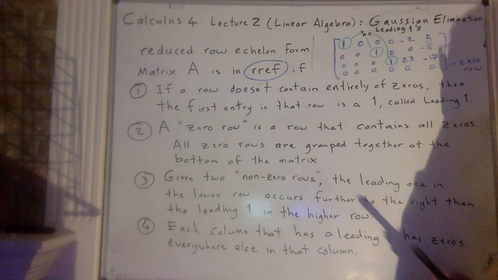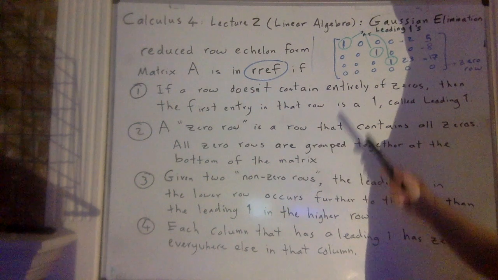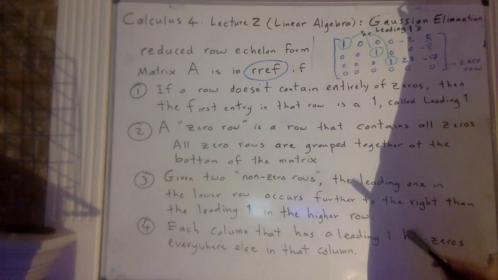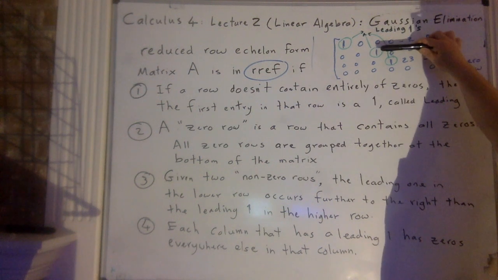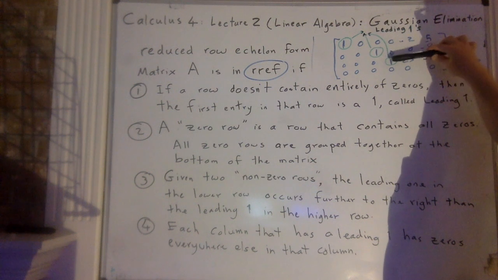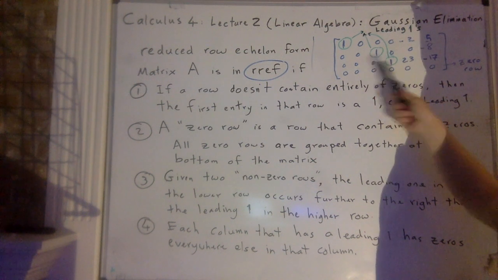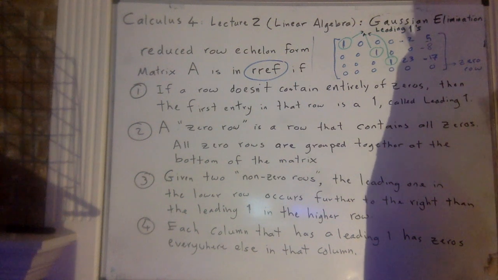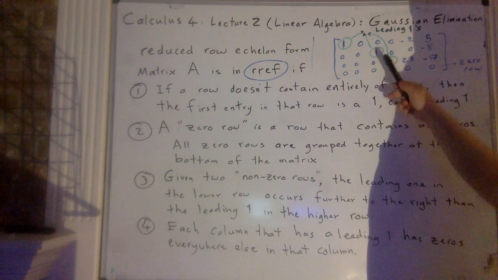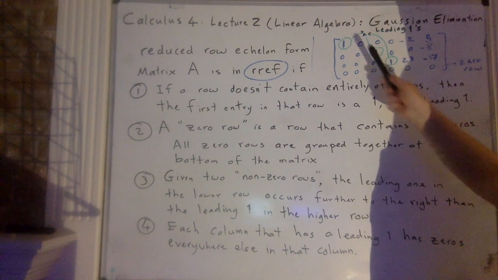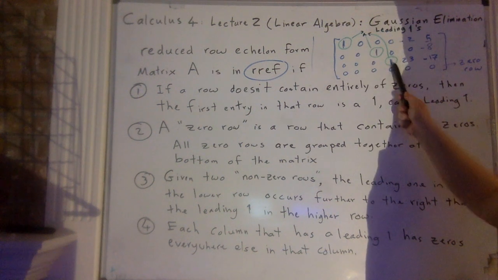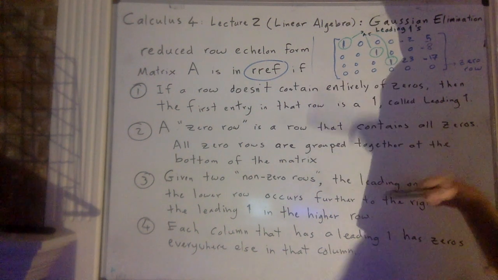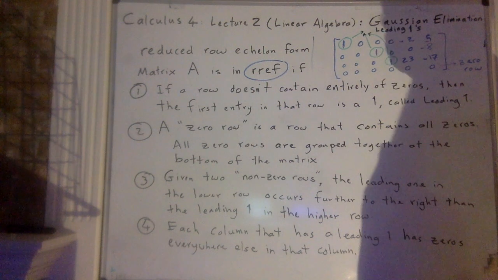The third one is, if I have two non-zero rows, the one which is below the other one, the leading one in this row is further to the right. So this is to the right of this, this is to the right of this, and this is to the right of this. And vice versa, this is to the left of this.